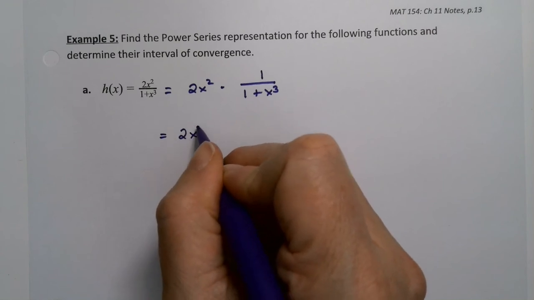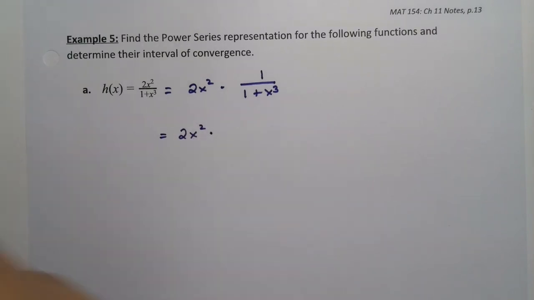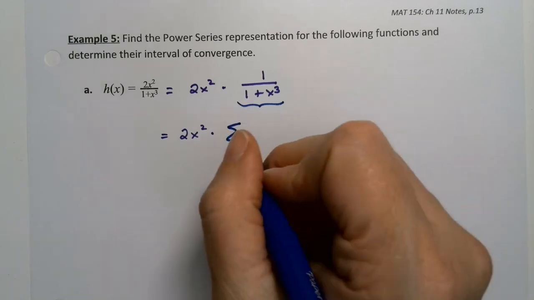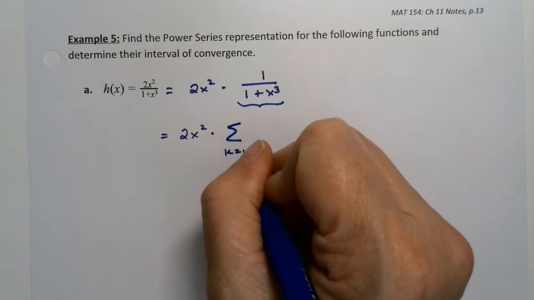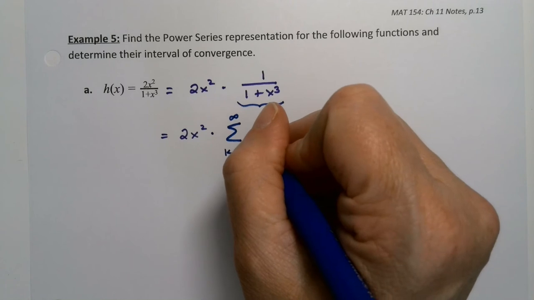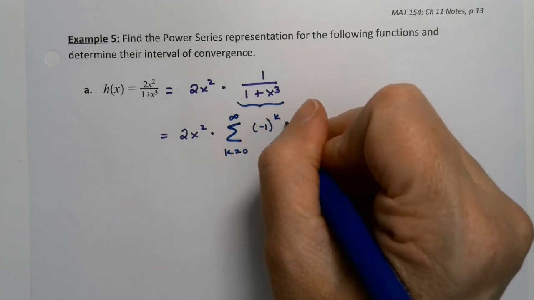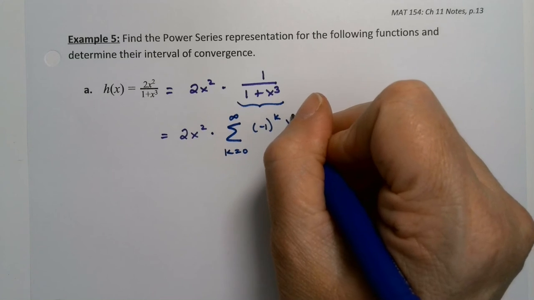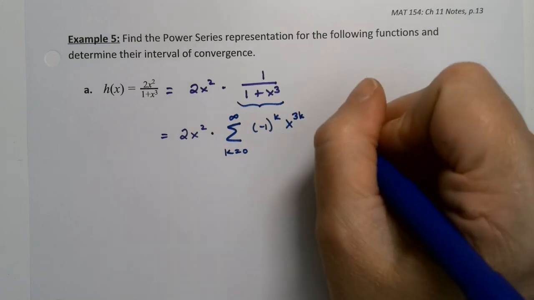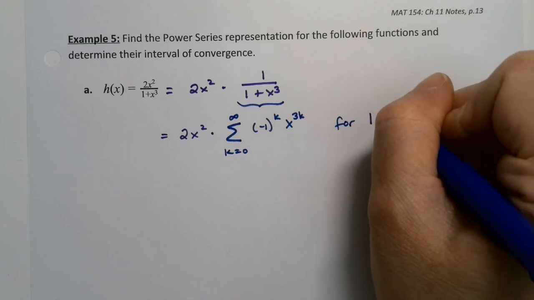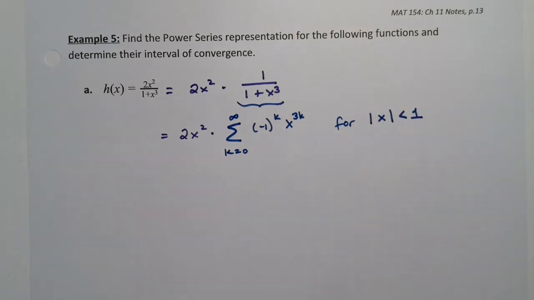This is 2x squared times, and then we know what this series is because we just built it in the last example, which is the sum from k equals 0 to infinity of negative 1 to the k, x to the 3k. And then our interval of convergence was for the absolute value of x less than 1.